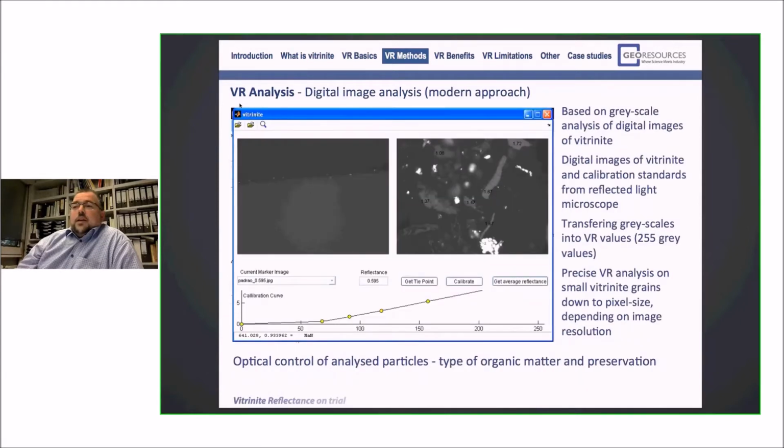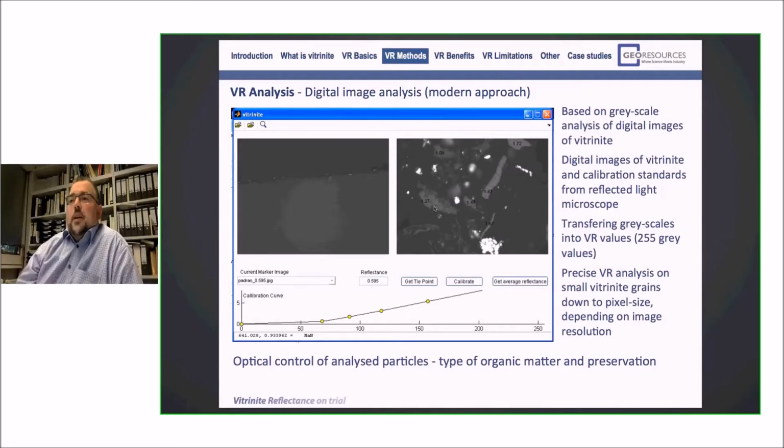There are different options. This is an option that was developed by a friend of mine, also working with organic matter and organic maturation, and a friend of his who is a computer specialist and developed an image analysis software modification to analyze digital images of vitrinite reflectance. So this is a modern approach.